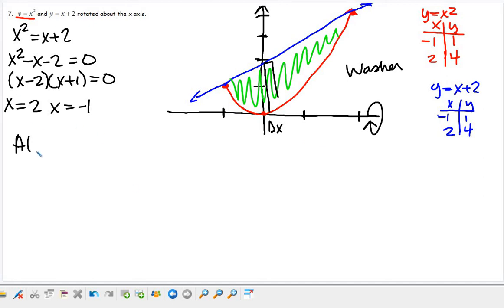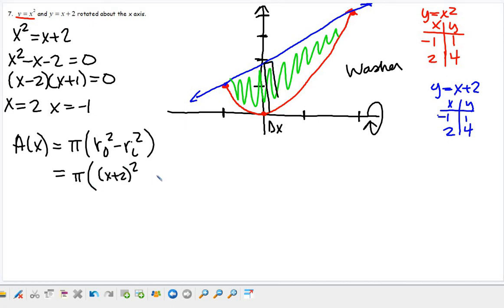So I have area of x is equal to pi times radius outside minus radius inside. So outside radius is the farthest radius. So that is the blue function, which is x plus 2 squared, minus the inside function, which is x squared squared. So I have A of x is equal to pi times x squared plus 4x plus 4 minus x to the 4th.